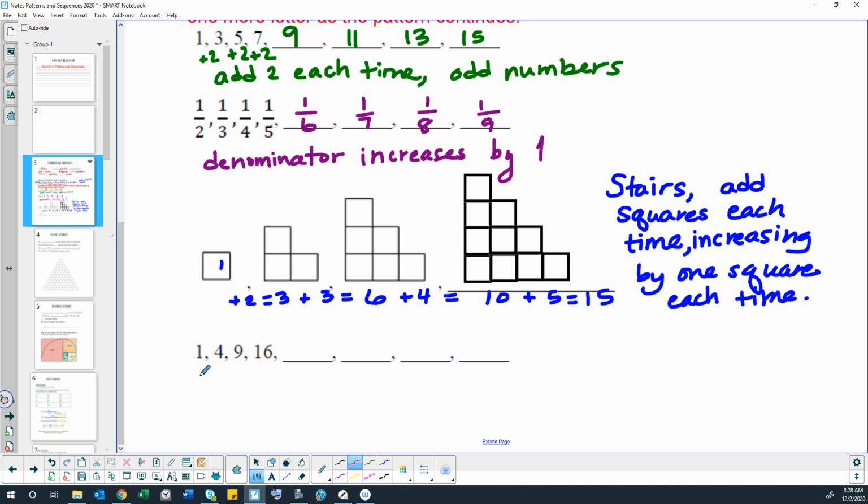So to get from 1 to 4, we can add 3. And then to go from 4 to 9, we can add 5. And from 9 to 16, we can add 7. So our next number would come from adding 9, 11, 13, 15, correct? So we're just adding incremental odd numbers.